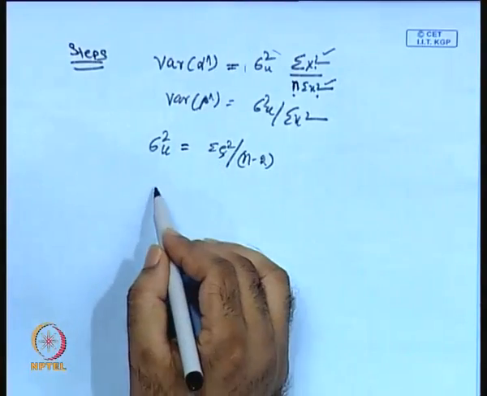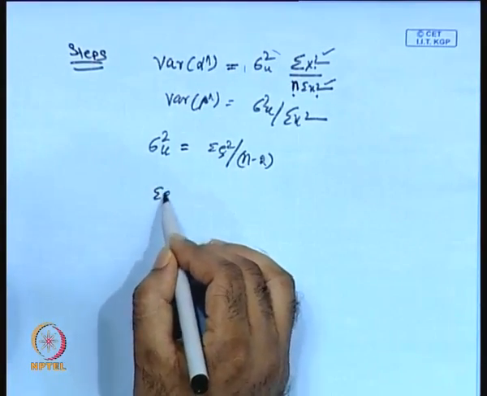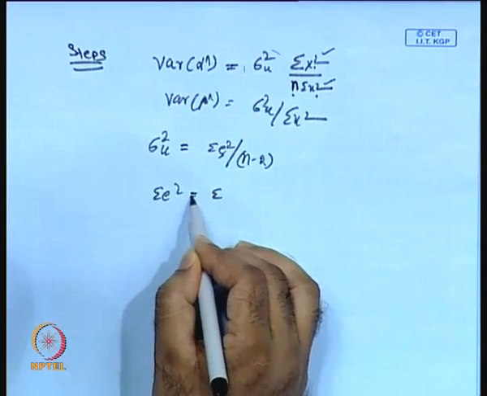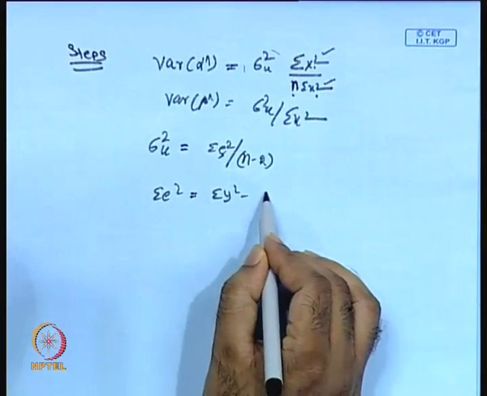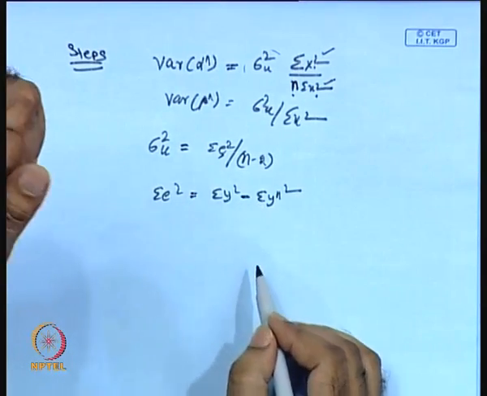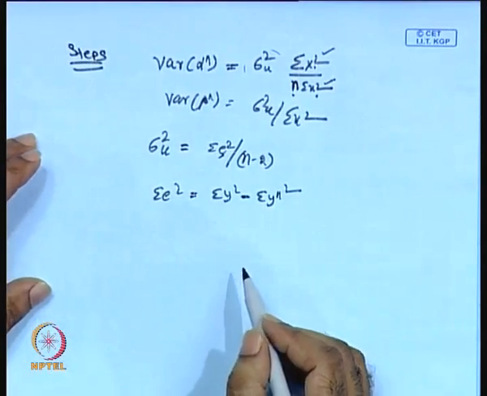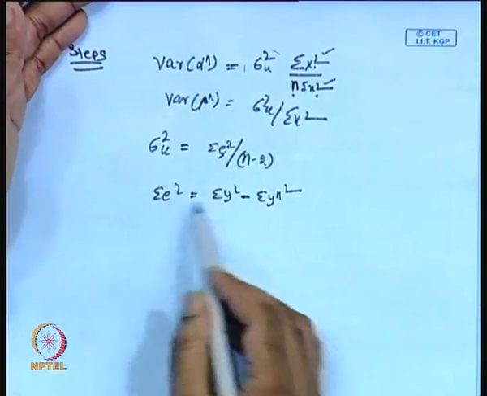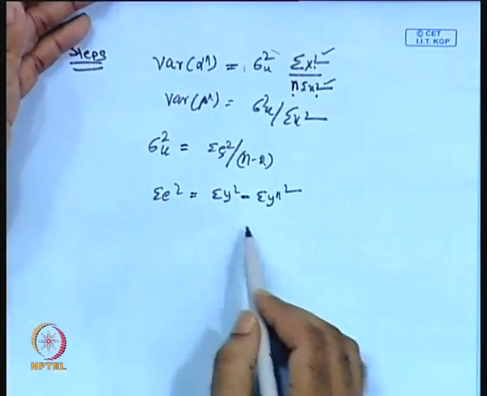So, the error variance equals summation e square by n minus 2. Now, what is summation e square? Summation e square equals summation y square minus summation y head square, which we have already derived.